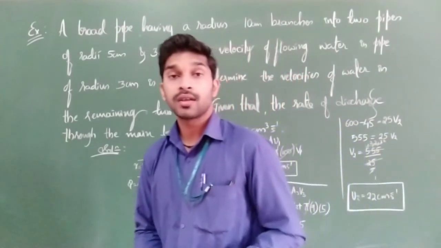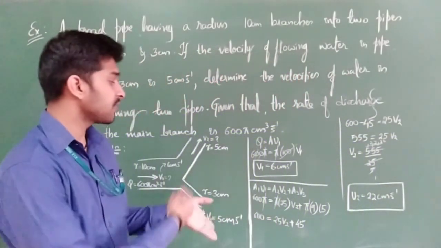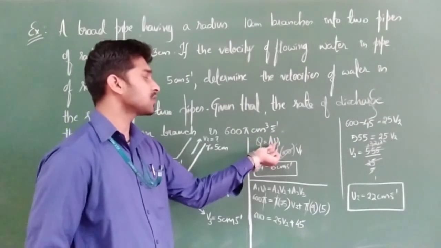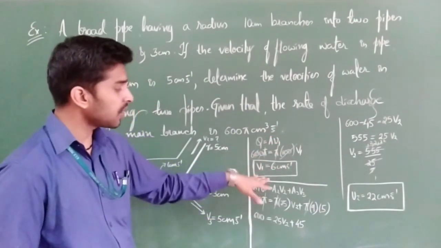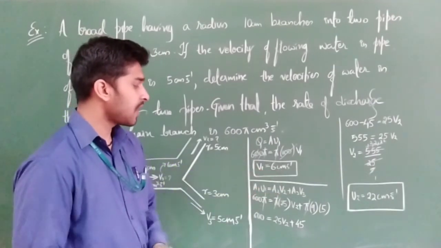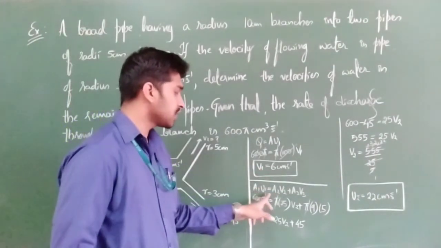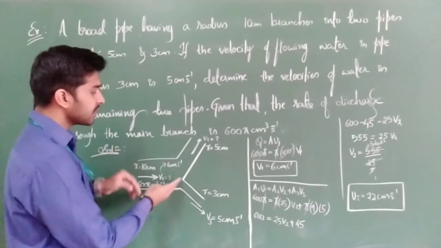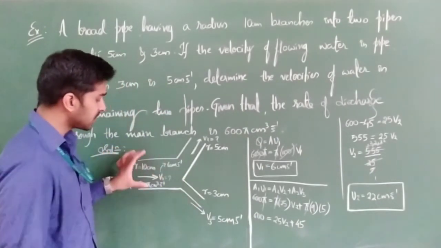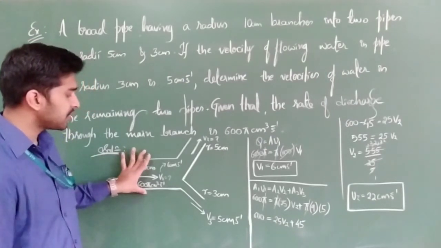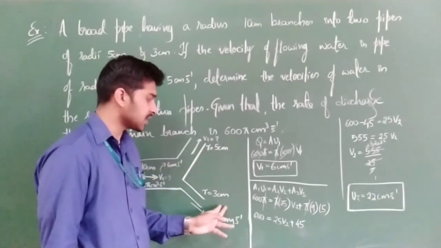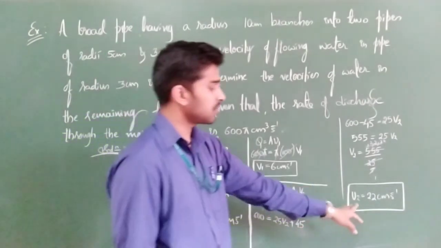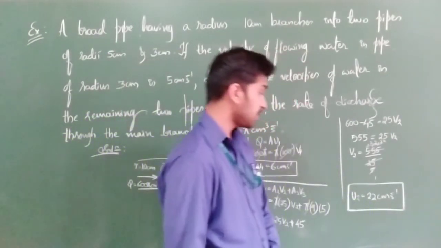By the equation of continuity, or better with this equation, rate of flow of water, which is cross sectional area into velocity, with this formula we calculated V1. And next, the amount of water which is entering here is going here as well as here. That's why A1 V1 should be equal to A2 V2 plus A3 V3. By substituting all the values we got V2 equal to 22 centimeter per second.